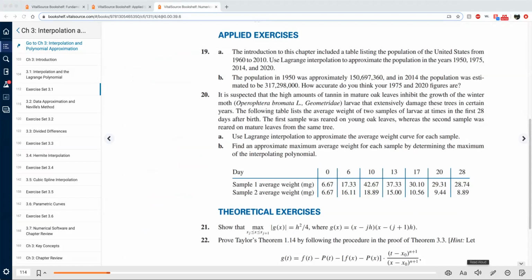Now the next one, B: find an approximate maximum average weight for each sample by determining the maximum of the interpolating polynomial.